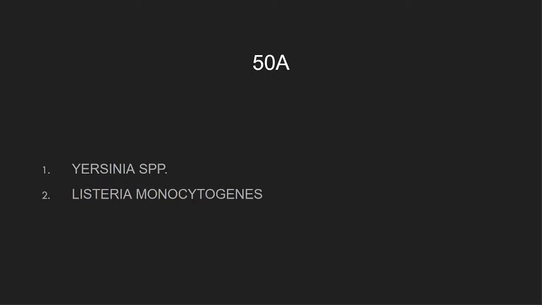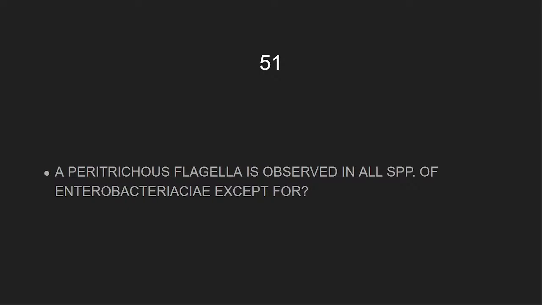This includes Yersinia pestis or Yersinia species and Listeria monocytogenes. Okay? Now, peritrichous flagella is number 51. Wait, let's answer that first. Number 50A, Yersinia species, Listeria monocytogenes. Okay?